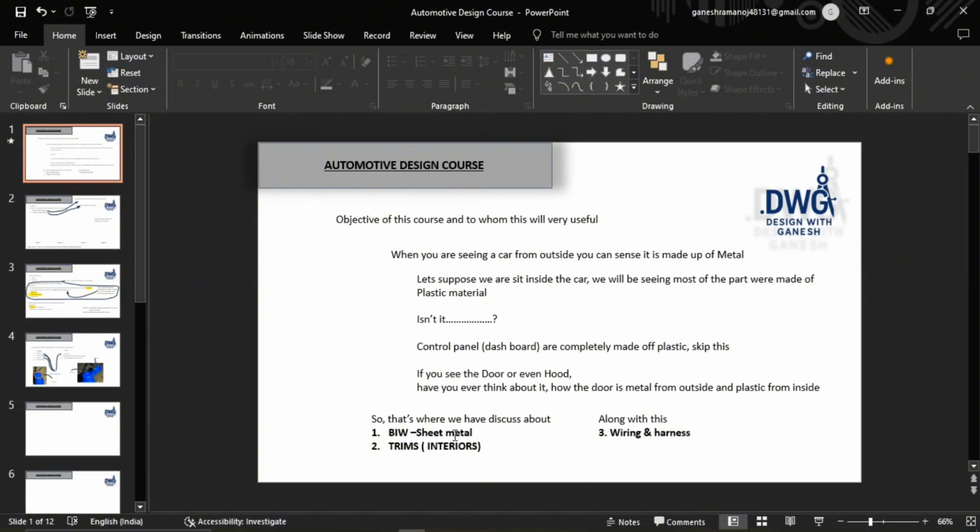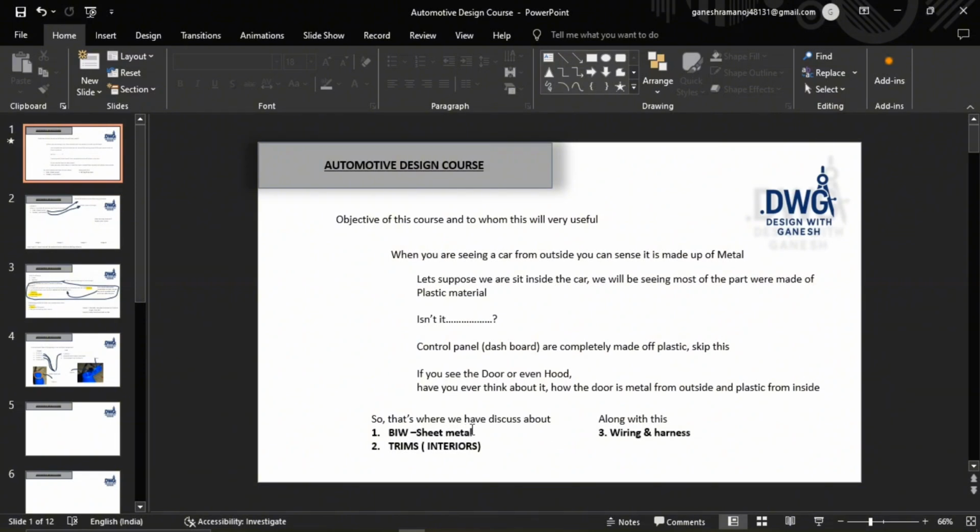Whatever is made up of metal can be referred to as sheet metal parts, and those designed in plastic can be called trims, especially the interior trims. I hope you get a clear meaning of what sheet metal or BIW concepts are and what trims or plastic parts are. I'm explaining this for ease of understanding.